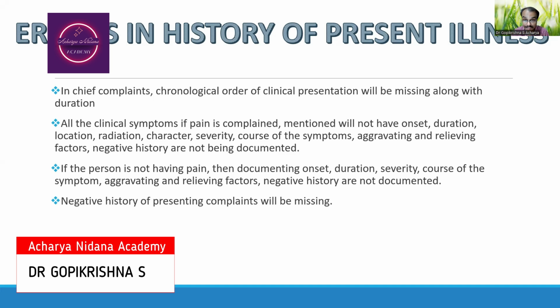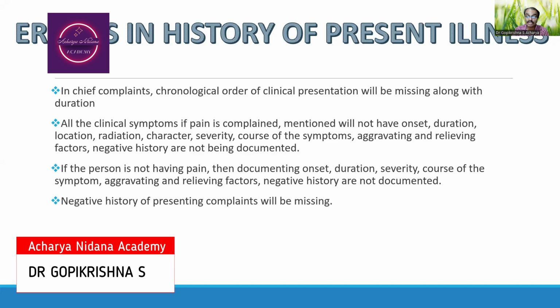documentation of onset, that is sudden, gradual, or insidious, duration in terms of days, weeks, months, or years, will not be there. Severity, whether it is mild, moderate, or severe, course of the symptom, whether it is persistent, improving, or worsening, will not be there.